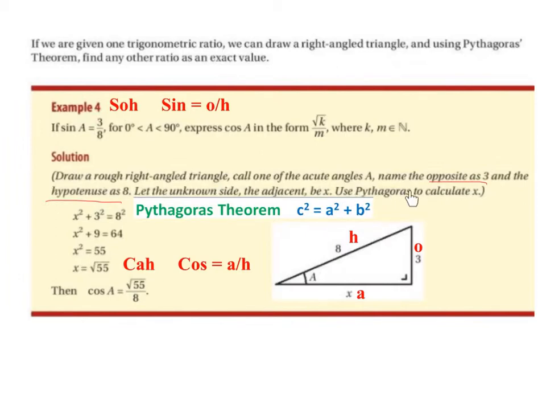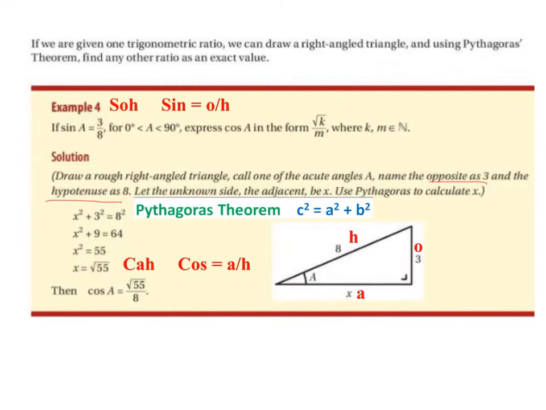Now we use Pythagoras to calculate X. So we know Pythagoras' theorem is c squared equals a squared plus b squared, with the c being the longest side, the hypotenuse. So we're going to have x squared plus 3 squared equals 8 squared. 3 squared is 9, 8 squared is 64.